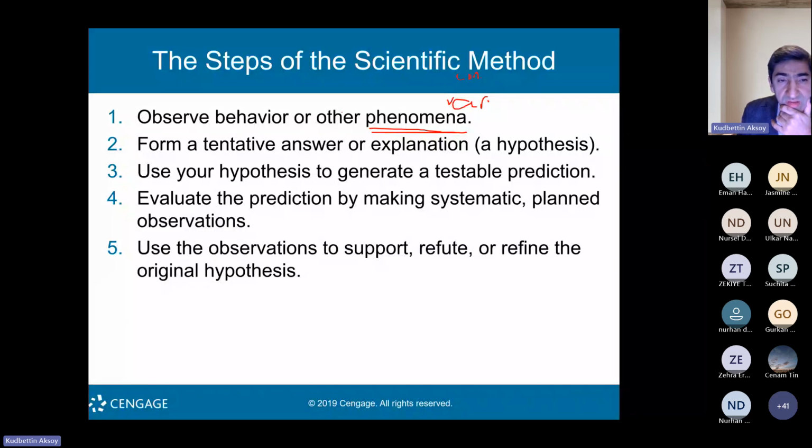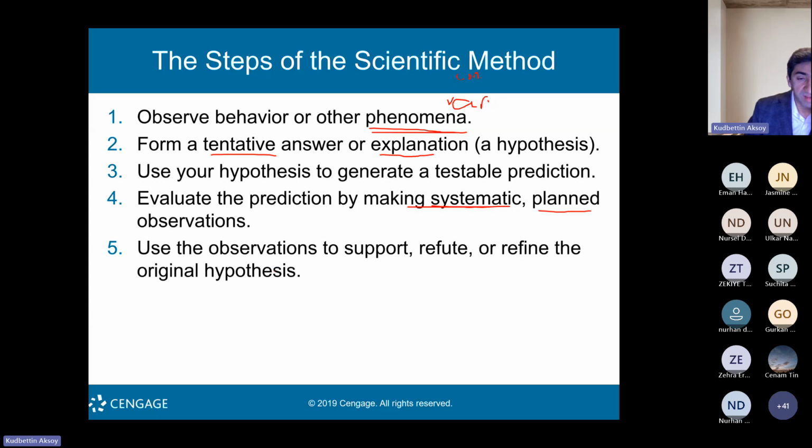We have a question, and then we'll have a tentative answer, an explanation that is called a hypothesis, and then we will test our hypothesis. We'll evaluate our hypothesis systematically in a planned way. And then we will use the observations to support or refute or refine the original hypothesis.